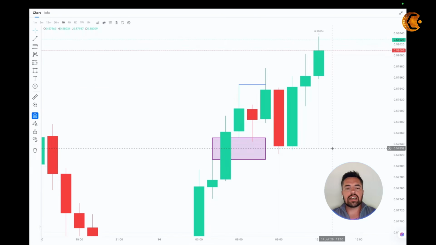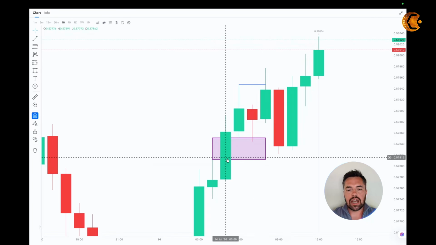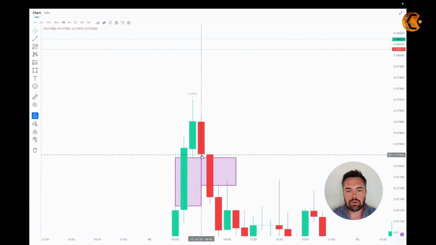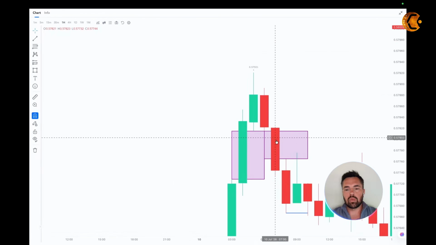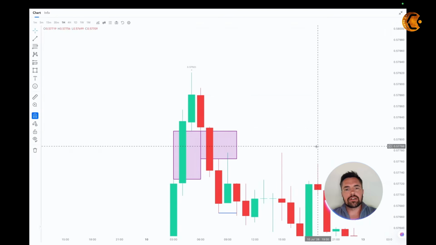Given more context in terms of higher time frame narrative, this can be a very powerful area for you to trade from. So just take the high of candle 1, the low of candle 3 for a bullish setup, and we take the low of candle 1 and the high of candle 3 for a bearish setup. You can see the gap. There's no wicks in this area until price returns. Really nice areas to trade from.